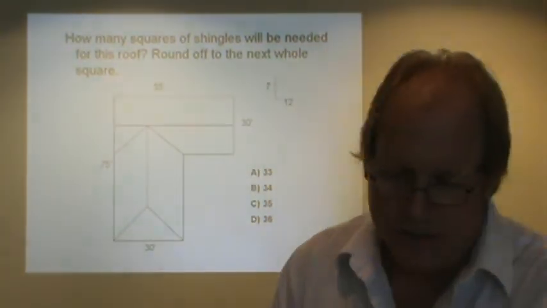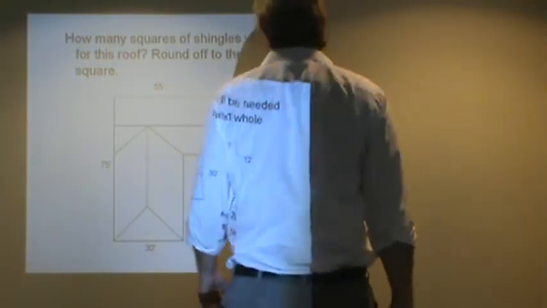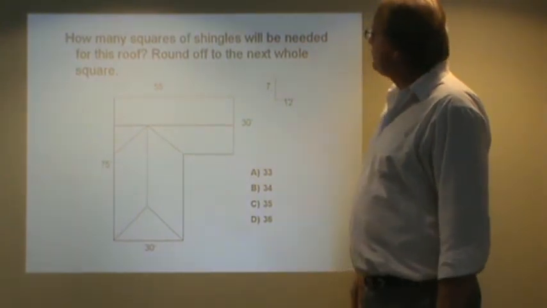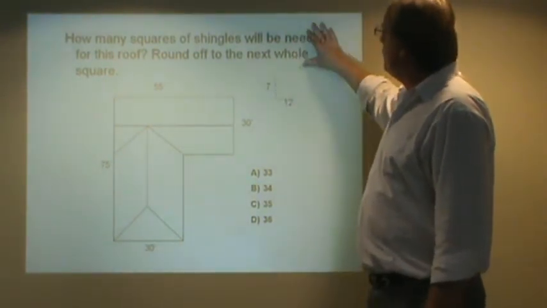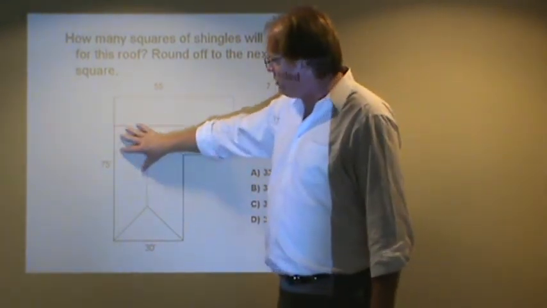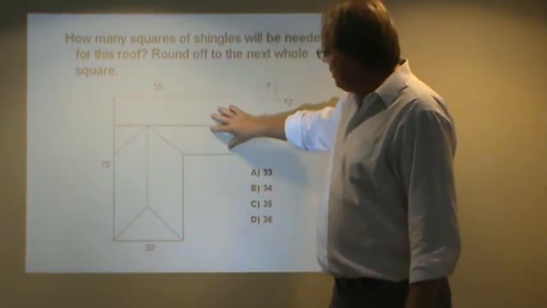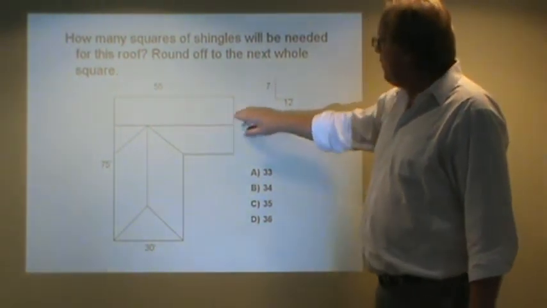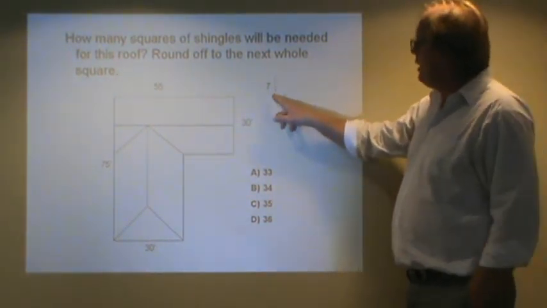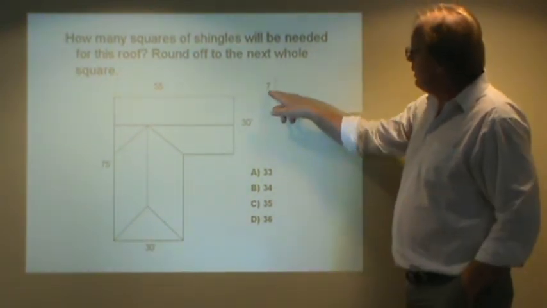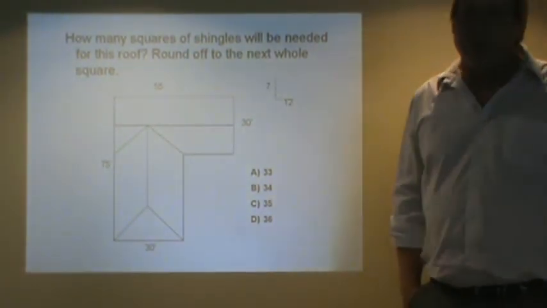For instance, if you look at the overhead here, we have a diagram of a roof. And we want to know how many squares of shingles will be needed. So what we have to do is take this area, which is fairly easy to figure out, and multiply it by a factor that is indicative of a 7 and 12 rise and run.